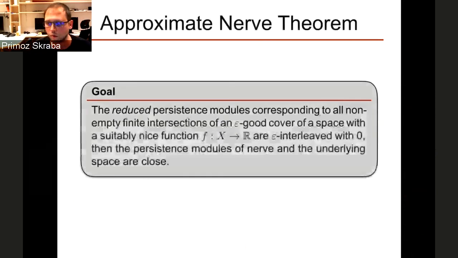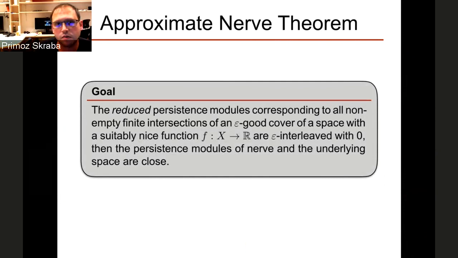Okay, so what is our goal? We know what kind of small things should look like. We're going to say that these are epsilon trivial things. Given a cover with a function, we're going to call the cover epsilon good if all the little pieces, so each cover element and each finite intersection of the cover elements, has a corresponding persistence module that's epsilon interleaved with 0.